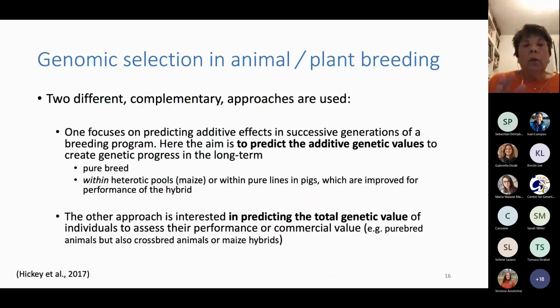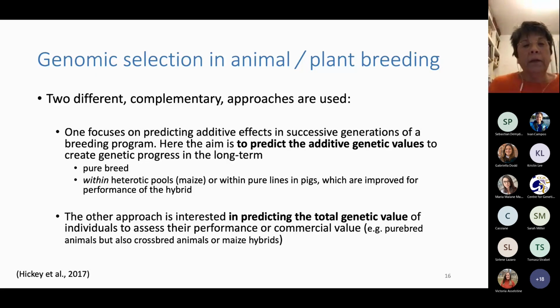When we use genomic selection and think about non-additive effects in animal and plant breeding, we will use two approaches, but they are complementary. One is focused on predicting additive effects in successive generations of a breeding program, because the objective here is to predict the additive genetic value to create genetic progress in the long term.